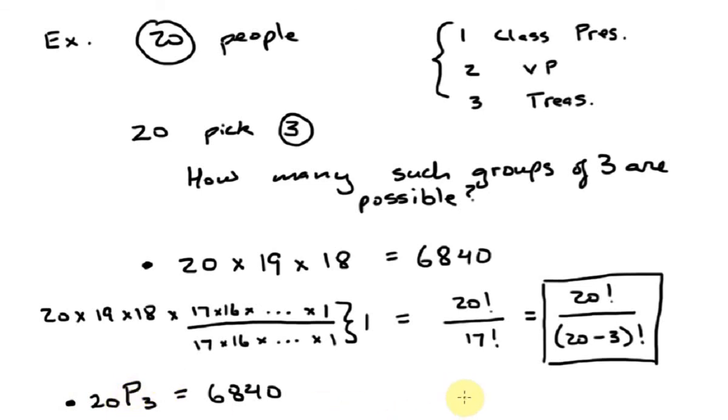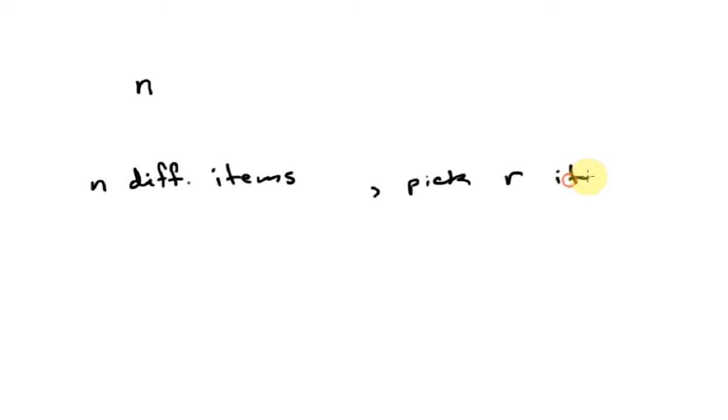Let me just summarize that formula for you, and then that's where we're going to stop. What we have seen is this. If you have n different items, or people, or whatever it happens to be, and you wish to pick r of them, and again, very important, order matters here.